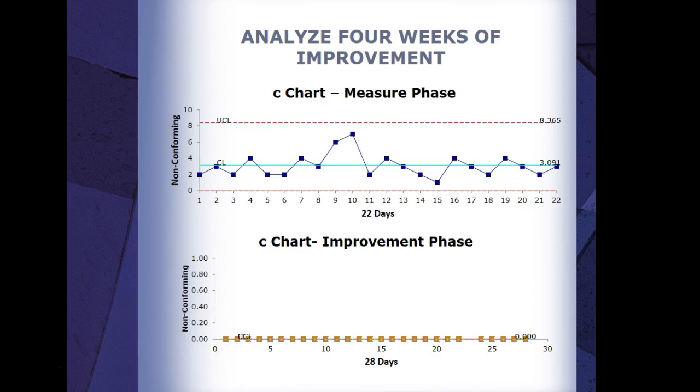If any one of those items was not put away, I counted each. So it was total nonconformities on each of the 22 days. So you can see here that I was consistently nonconforming for the whole 22 days of the measure phase.